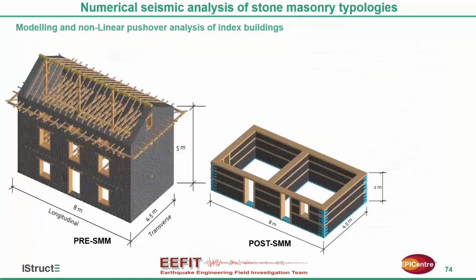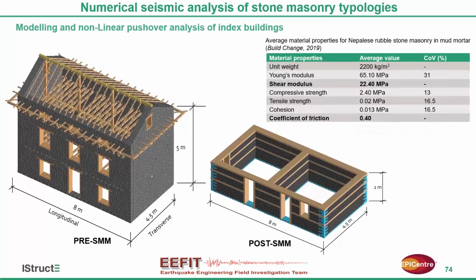So that gives us more reliability in our modeling and results. These are the numerical models of the pre-earthquake and post-earthquake typology. For the pre-earthquake typology, all the timber elements, as they impart a rigid diaphragm action to the building, are explicitly modeled, as you can see, while the roof is neglected in the post-earthquake typology because of its being light.